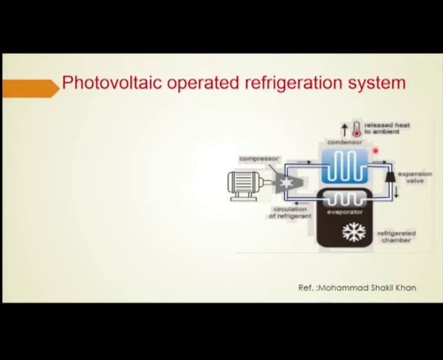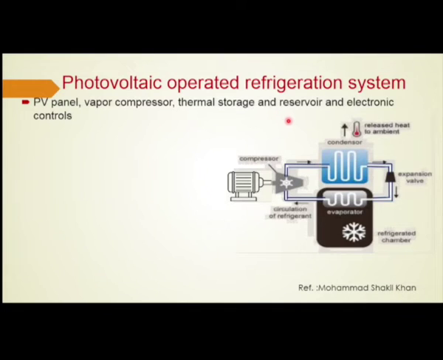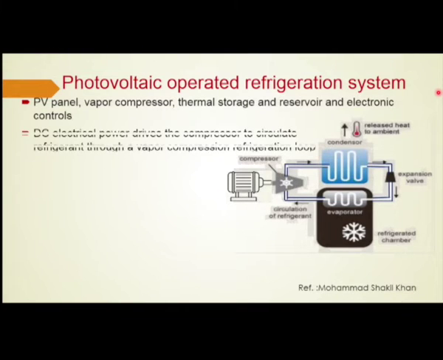So, this is the refrigerative unit. Here the motor and compressor are operated by the PV panel. Vapor compressor, thermal storage, reservoir and electronic controls are the basic building blocks of the PV operated refrigeration system.